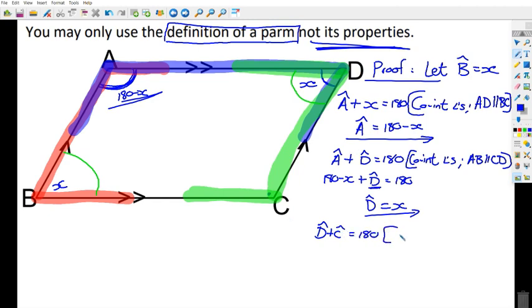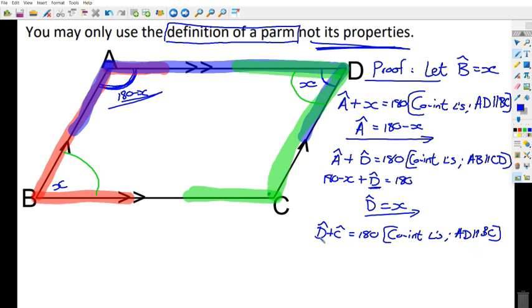Why can I say that? Because of co-interior angles. And what are the parallel lines there? AD is parallel to BC.